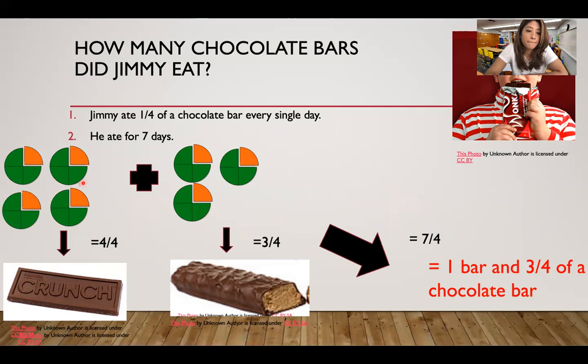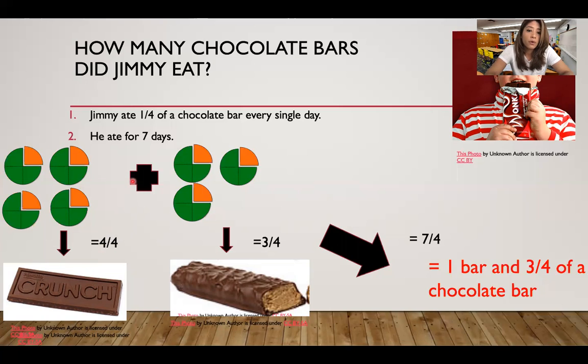Okay, now if you were to drag this part of our circle over to this guy, then you would have a half. If you were to drag this guy over to the next part and over, all these added together will give you 4/4. They would give you one whole chocolate bar, okay?